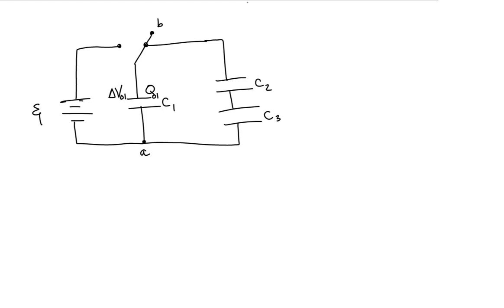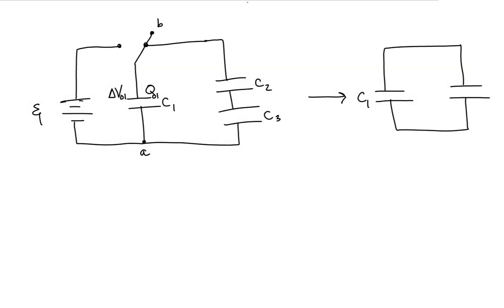So how we should proceed on this is to treat capacitors 2 and 3 as if they're a single equivalent capacitor. And so I am going to just redraw this circuit with this as capacitor 1. And in this redrawn circuit, I have capacitors C2 and C3 represented as an equivalent capacitor.